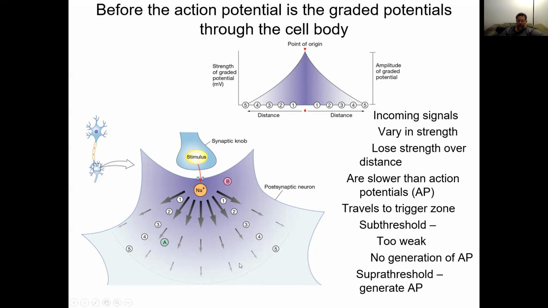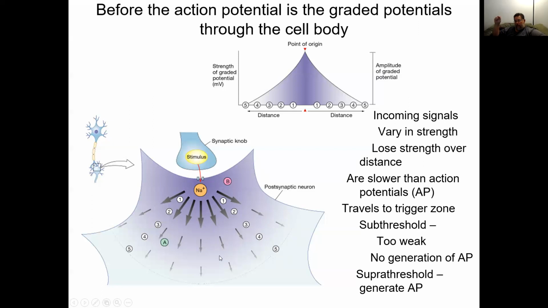If you look at this picture and at my cursor where I'm pointing, you'll see that the sodium concentration is stronger where it first comes in and gradually gets weaker as it travels through the cell body. This is the postsynaptic cell because it's after the synapse. So again, the concentration decreases.